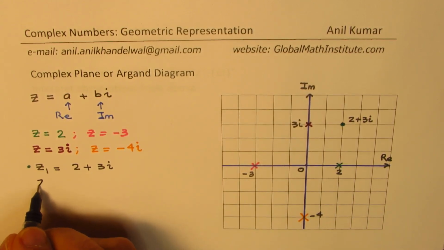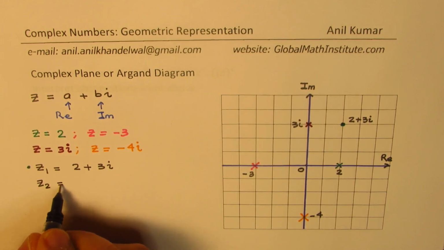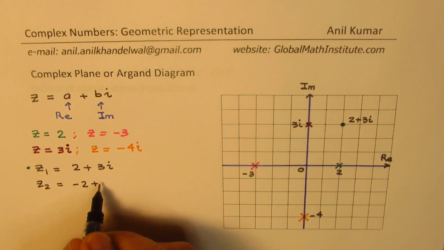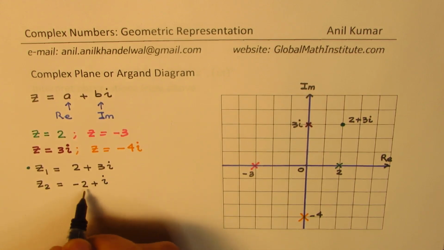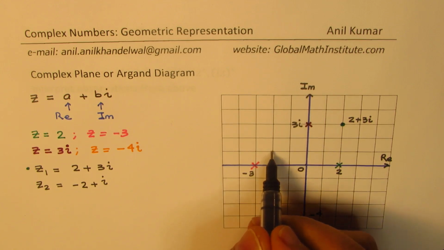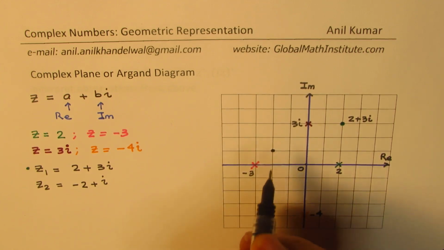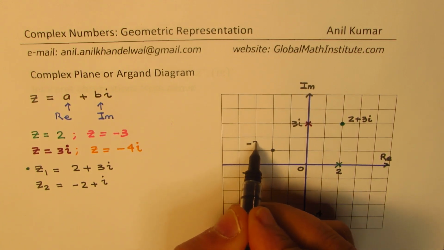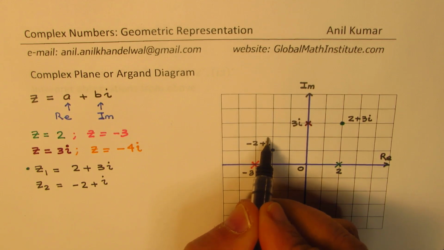Now likewise, we could represent any number of complex numbers on this plane. If I have another complex number z2 as, let us say, minus 2 plus i, that really means that minus 2 will be on this side and i right there. So this point here will represent the complex number minus 2 plus i. Is that clear to you?